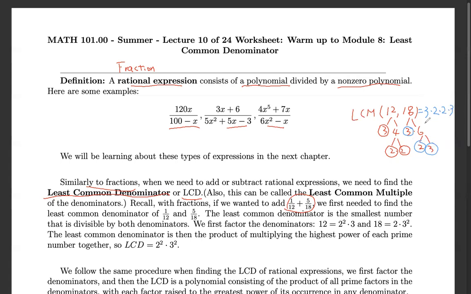So the least common multiple of 12 and 18 has these 4 factors, which is 3 times 2 times 2 times 3, which is 36. 36 divided by 12 is 3. 36 divided by 18 is 2. So we know the least common denominator of 1/12 and 5/18 is 36.